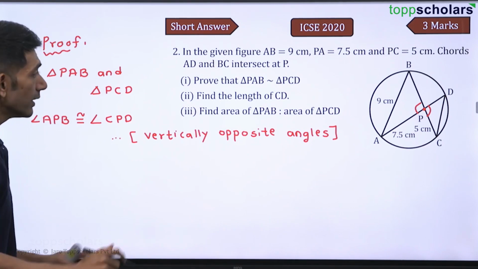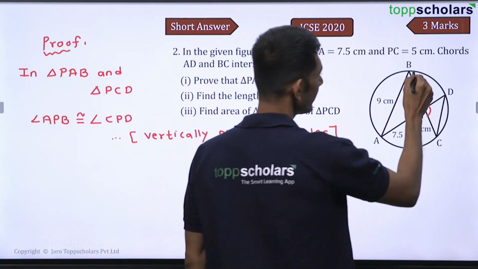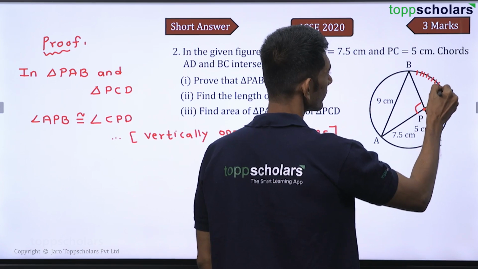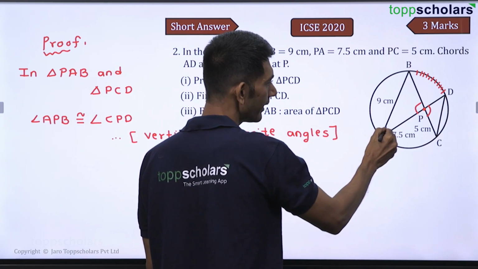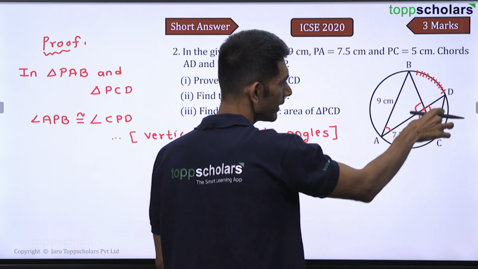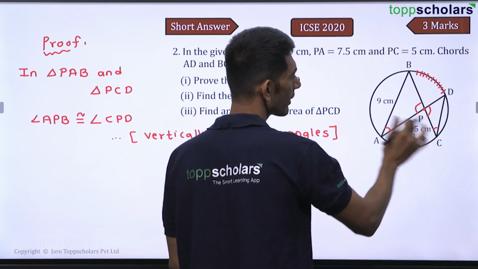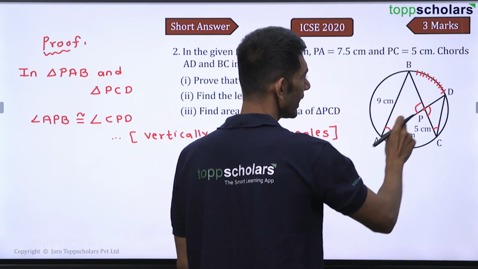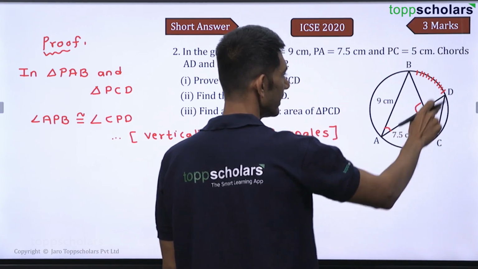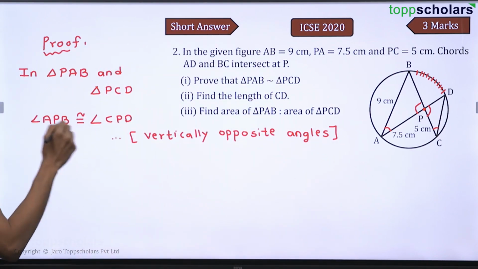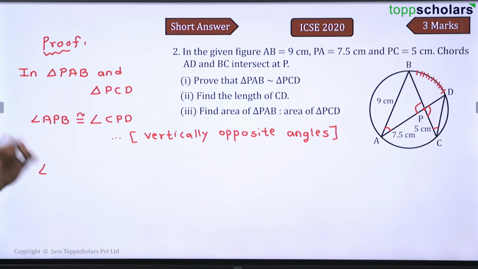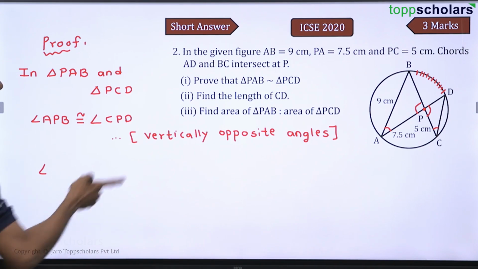They're always equal. Now can I say, see there is an intercepted arc here. So can I say this arc is subtending angle A and the same arc is subtending angle C. So both of them are going to be equal, that is angle BAP and angle DCP, right? Angles subtended by the same arc on the circle are equal.